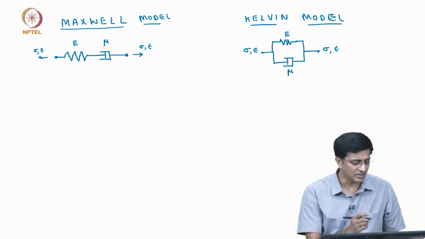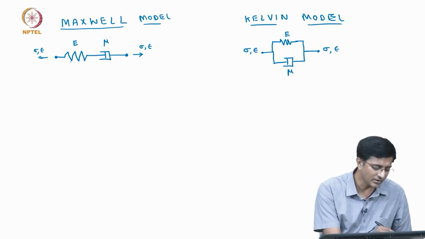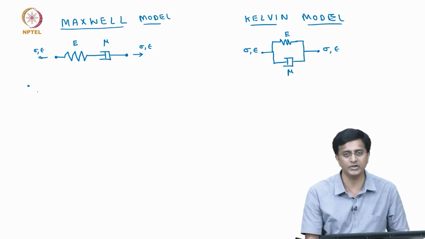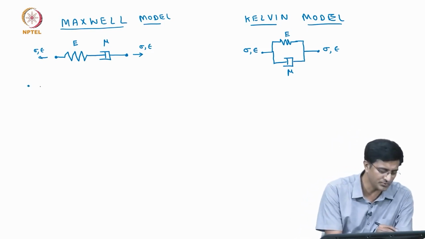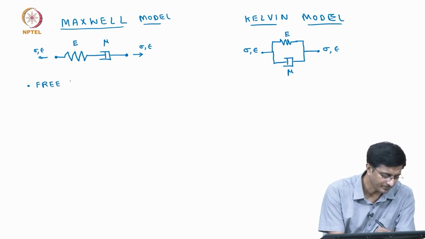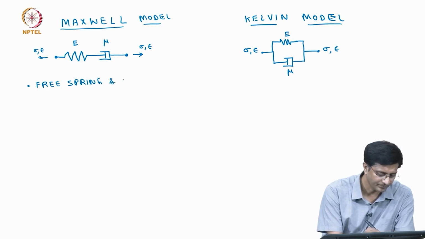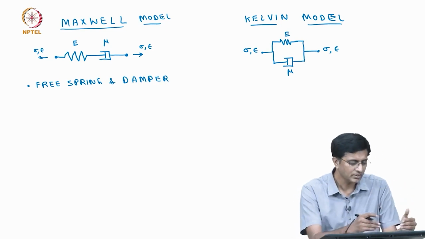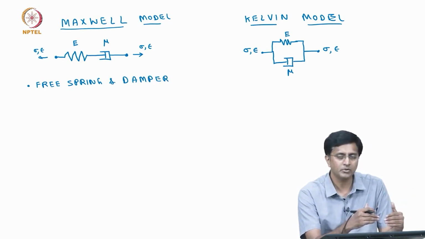In the Maxwell model, we say that it has a free spring and a free damper. Let me first write it and then explain what a free spring and a free damper mean. What we are saying is these are not in parallel with any other element.